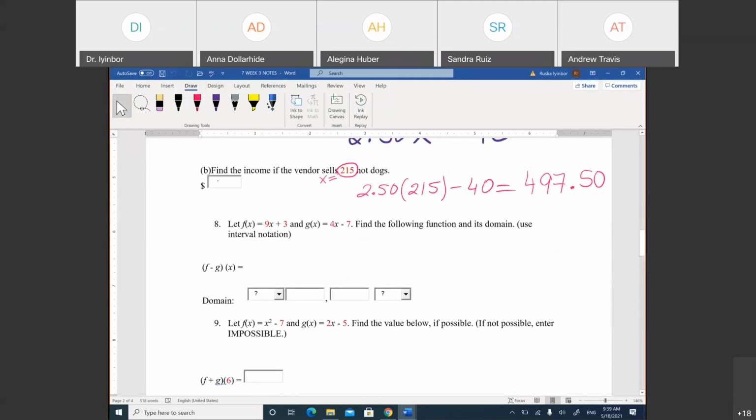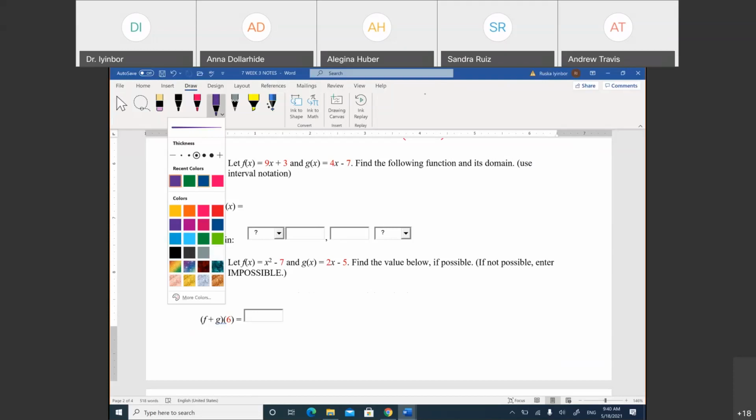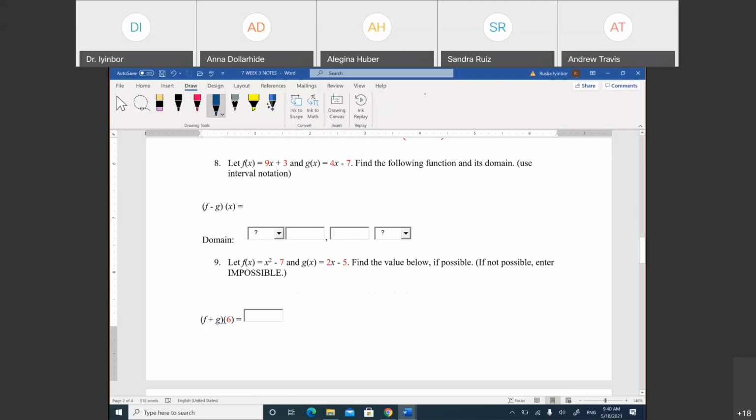Okay. And then the next one, it's about algebra of functions. So here we have two functions, function f and function g, and you're going to do different things with those two functions. In this case, function f is 9x plus 3, and function g is 4x minus 7. So after the equal sign is your function. Okay.